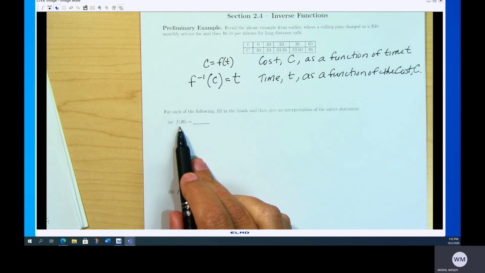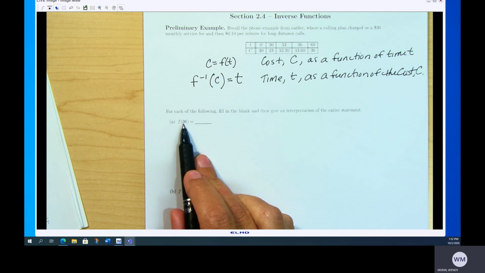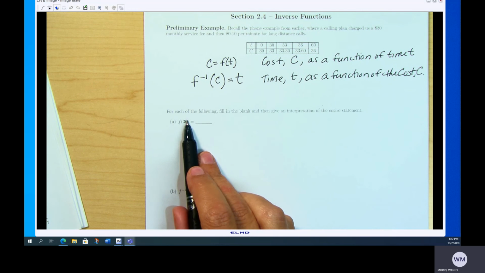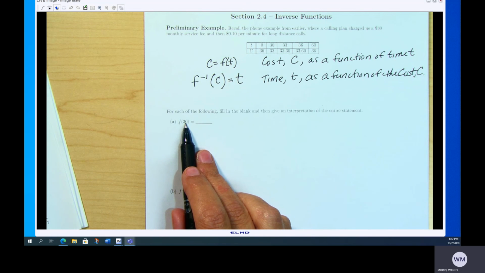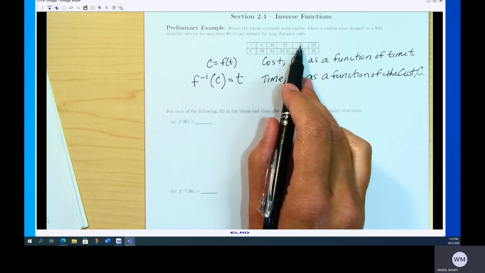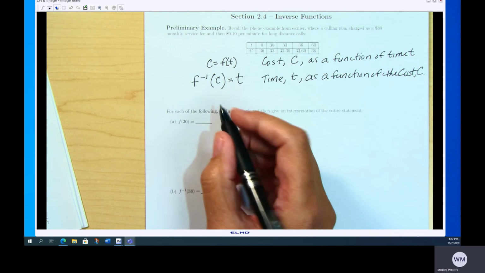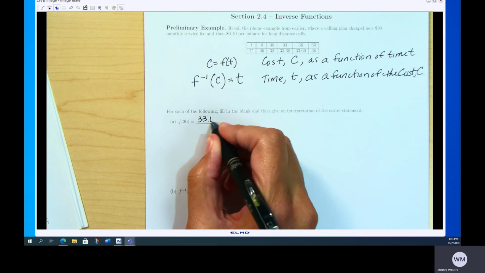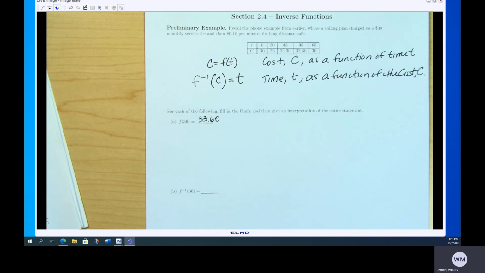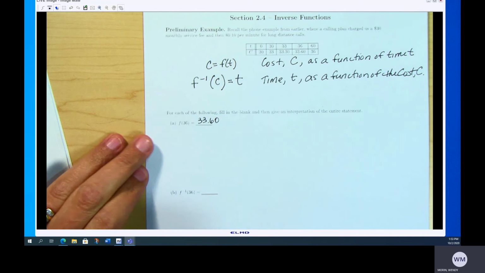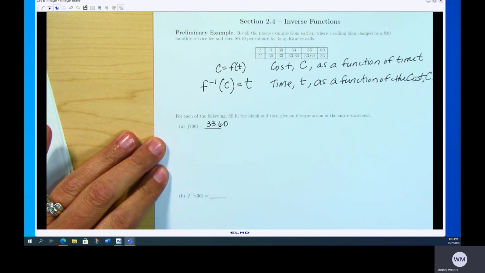So let's take a look at this. This is a review here. f of 36. Input or output? That's output. 36 is your input. So T is your domain. So 36. The output is 33.60. Now what does that mean? Interpret that statement. So 36 minutes.